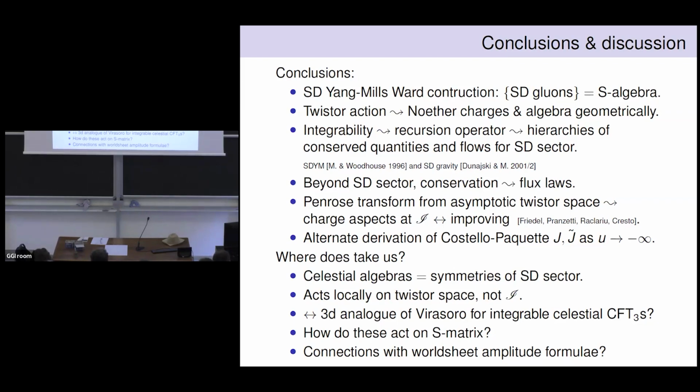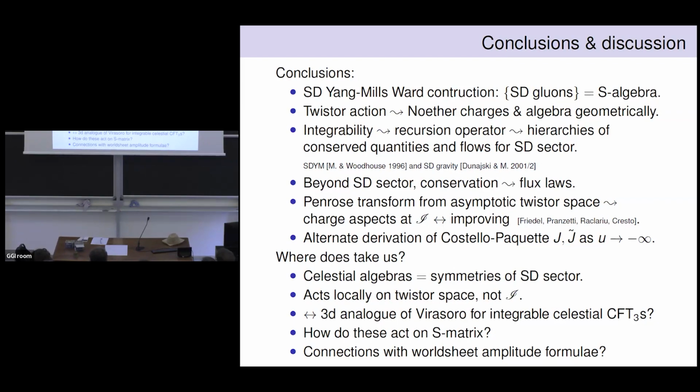So, okay, we've seen that celestial algebras are symmetries of the self-dual sector that are acting locally on twistor space and not really on null infinity. Are these then a 3D analog of Virasoro for integrable celestial CFTs?